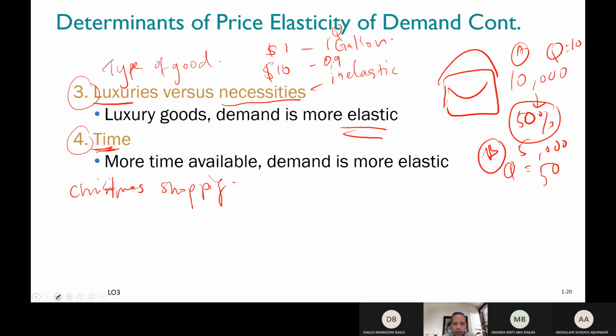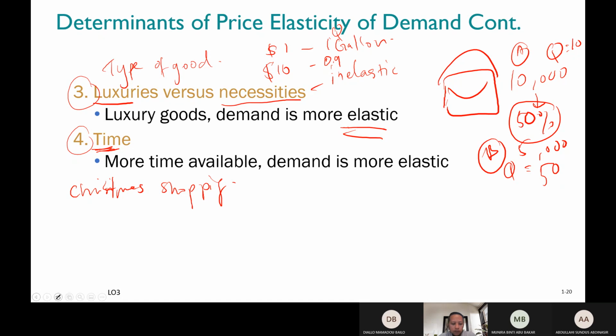But if you have more time, let's say Christmas is 1 or 2 weeks away, what you'll do is survey first. So in that case, the demand that you have for that good is more elastic. The more time you have, the more elastic it is.